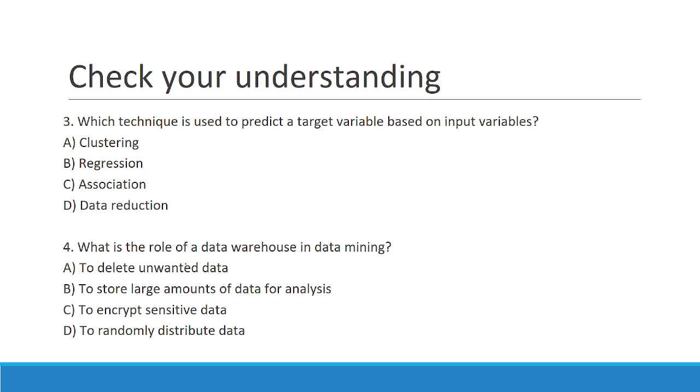Okay. Next, which technique is used to predict a target variable based on input variables? Out of these, which technique is used to predict target variable based on input variable?